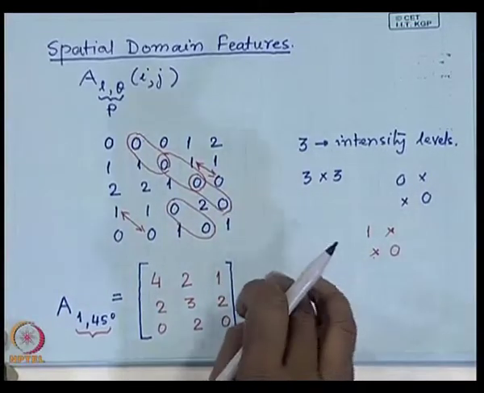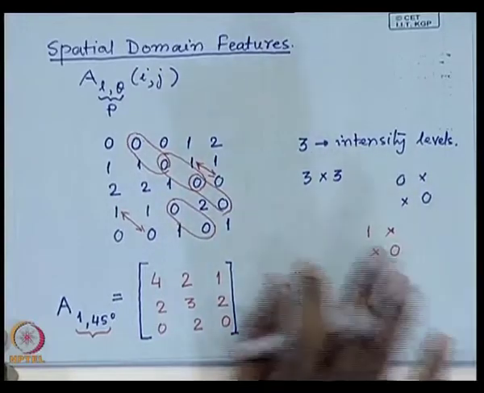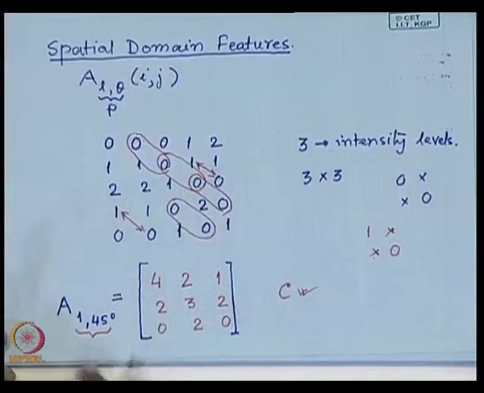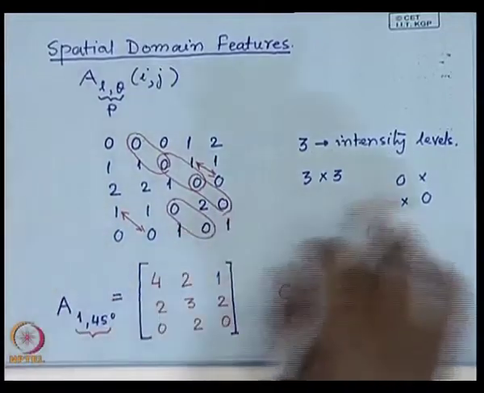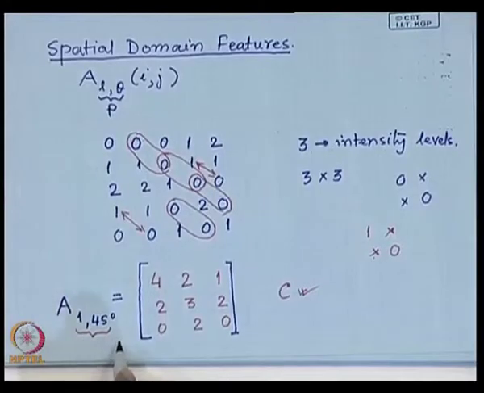Okay. So, this co-occurrence matrix C simply tells me the frequency of occurrence of different intensity pairs following this position parameter p. Okay. So, I can have multiple such co-occurrence matrices for multiple position parameters, because I can define any position parameter, and for every such position parameter I will get a co-occurrence matrix.